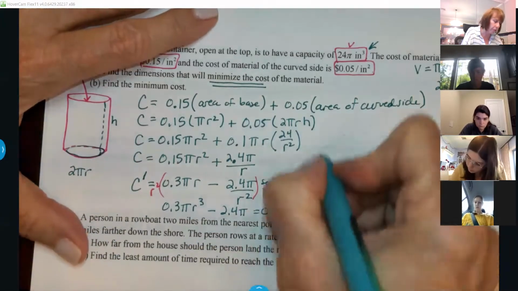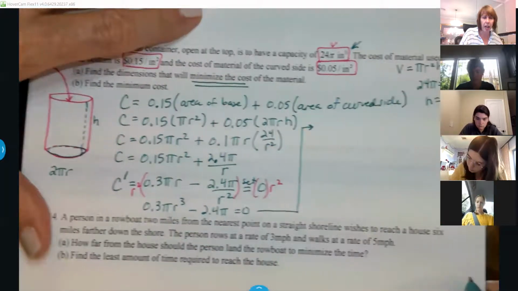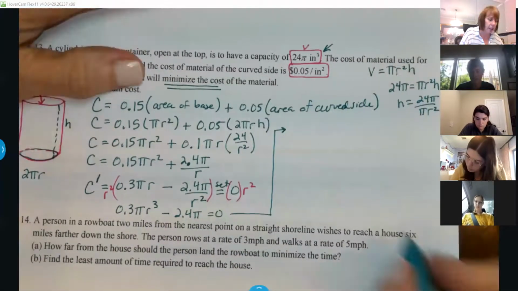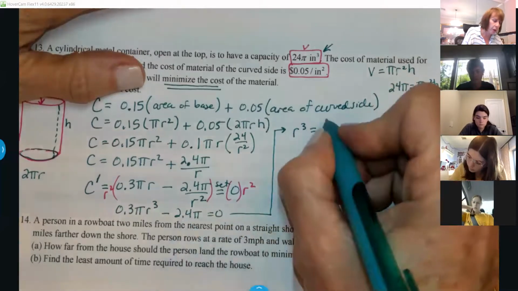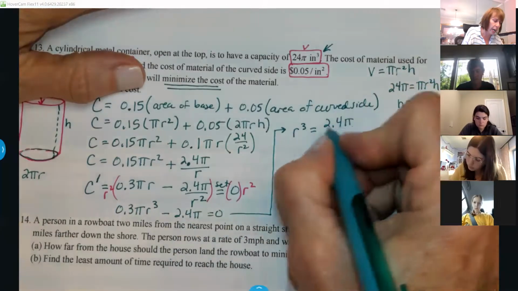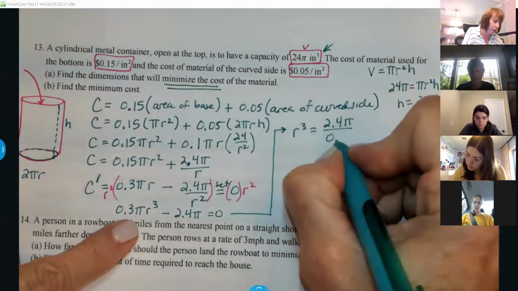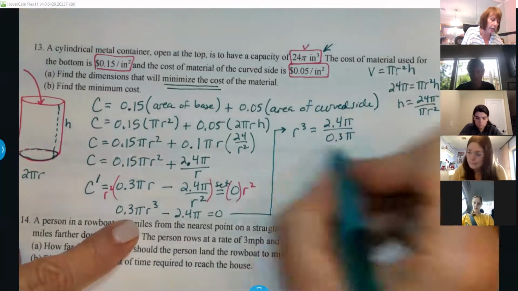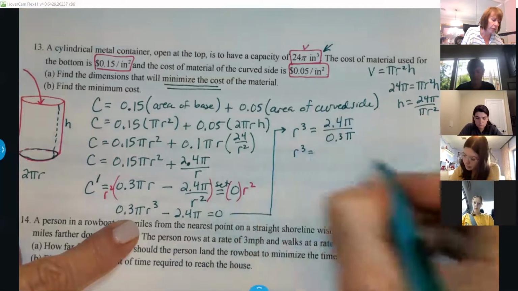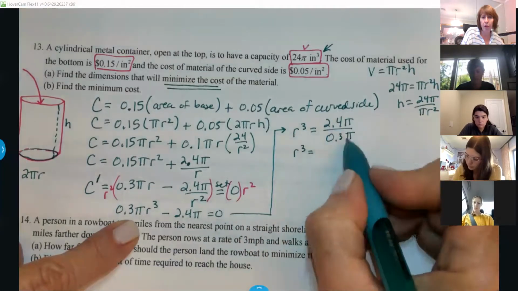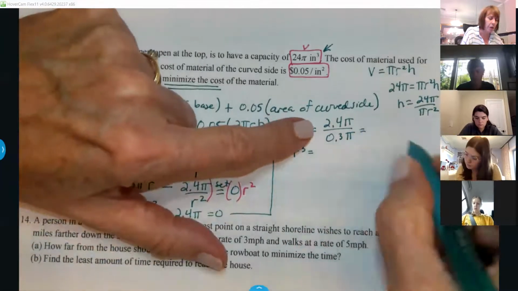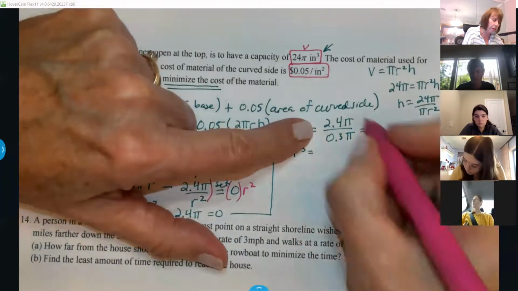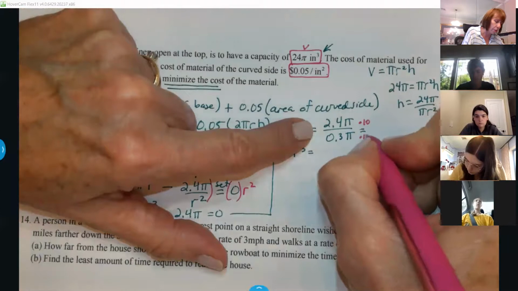Come over to the side. And solving for r, I'm going to have r cubed is equal to, so I'm bringing the 2.4 pi to the right, dividing by 0.3 pi. So I'm going to have r cubed is 2.4 divided by 0.3. Think of that. That's the same if you multiply top and bottom by 10, which is legal.